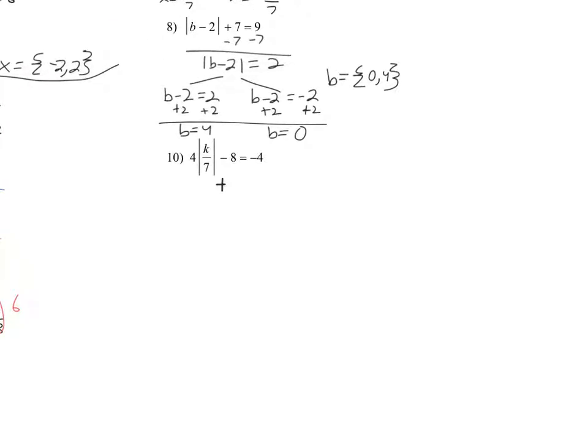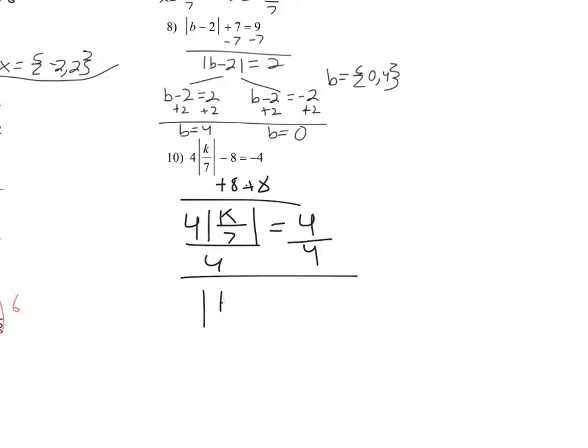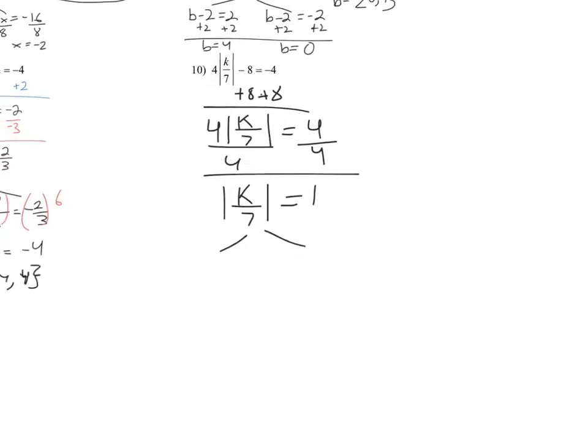So again, we're going to add 8 first. And if we do that, we get 4 times the absolute value of k divided by 7 equals positive 4. Then we need to get rid of this 4 by dividing both sides by 4. We get the absolute value of k over 7 equals 1. That's when we'd go ahead and split it.